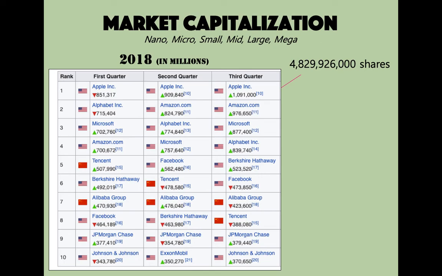Now Apple hit the 1 trillion mark when they had 4.8 billion shares outstanding, and the stock price hit 207.05, and so they had a market cap or a value of $1,036 million approximately. So first company to hit it.